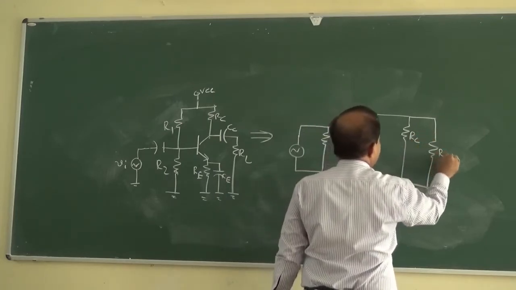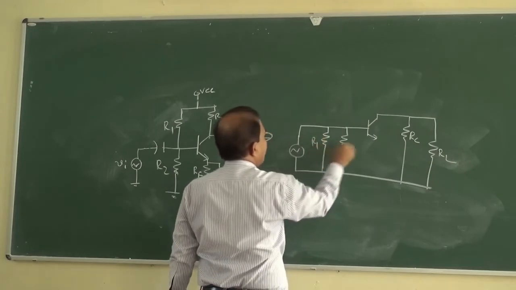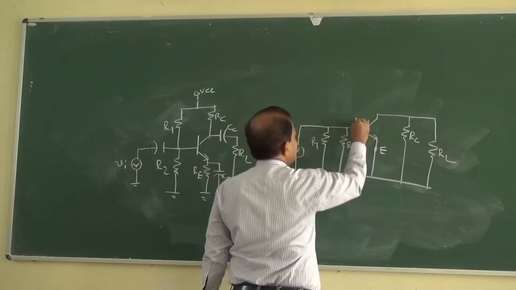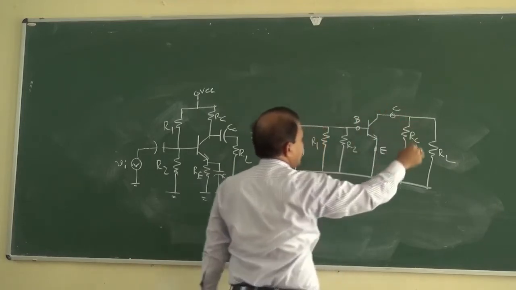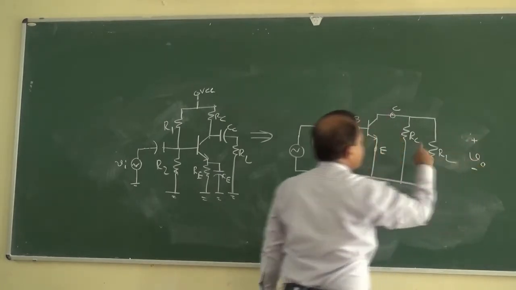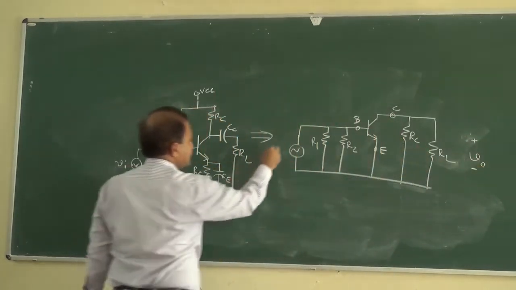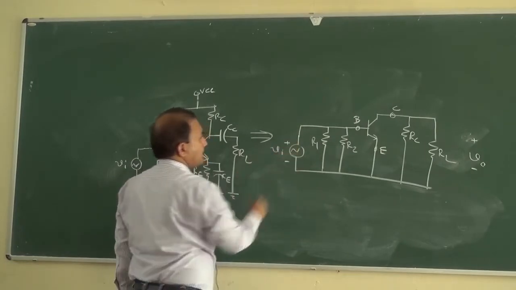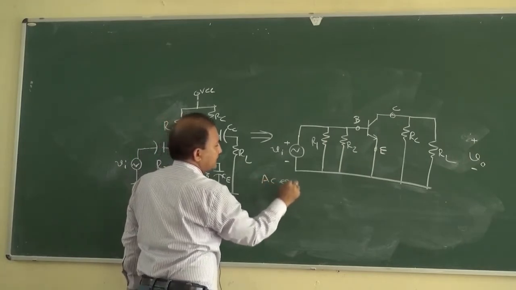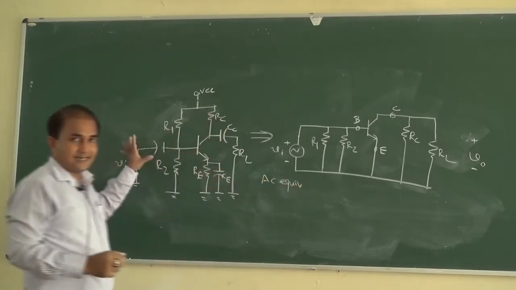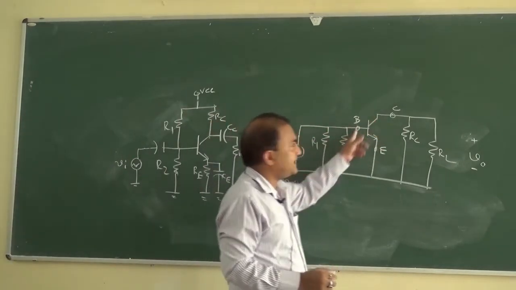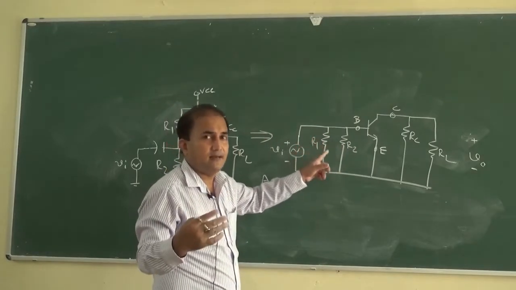This is RC and this is RL, this is R1 and this is R2, and this is the emitter terminal, base terminal and collector terminal. The output voltage we are getting across this, and this is VI. So this is the AC equivalent of this circuit.